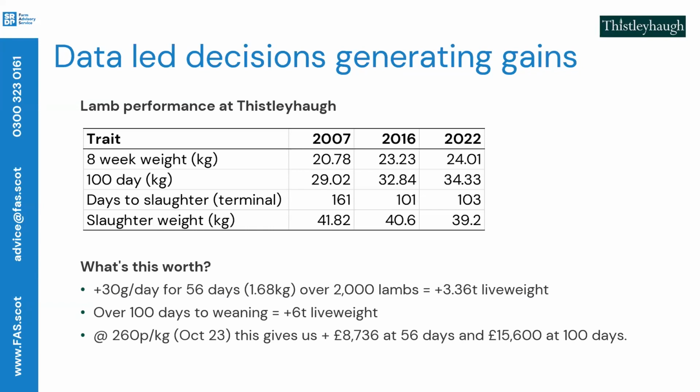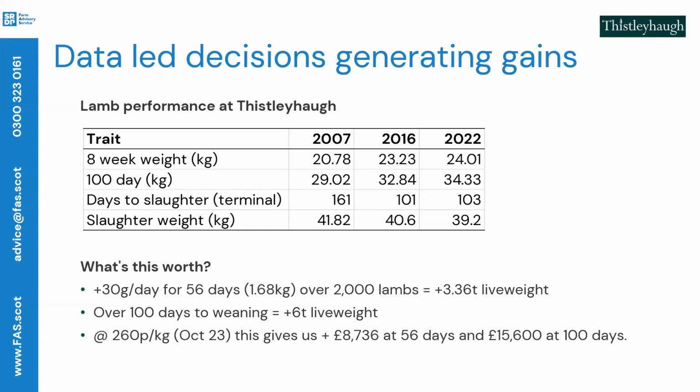I think there's a graph later on that shows the cost of making mistakes. But if we're trying to get better at what we're doing, we're hoping to make progress across that time. I mean, a 56-day adjusted weight, adding 4 kilos to a lamb at 56 days. And I think from memory, these are terminal lambs.